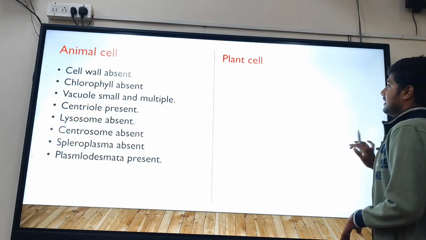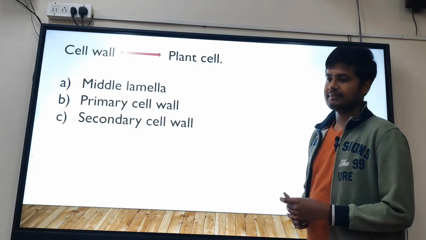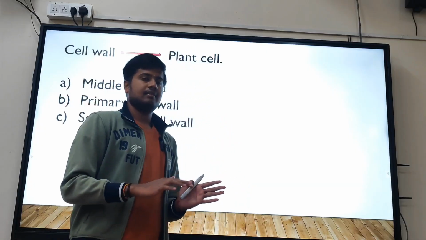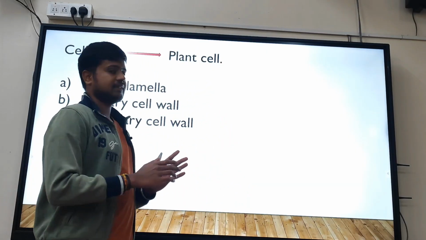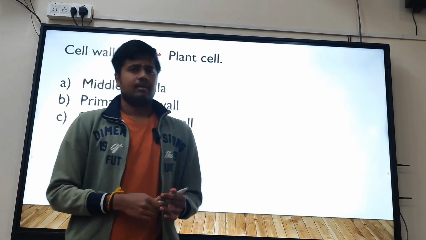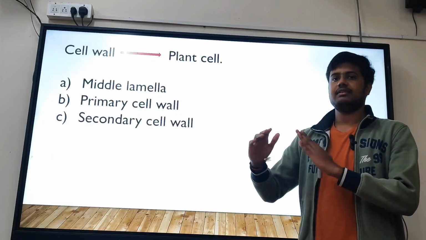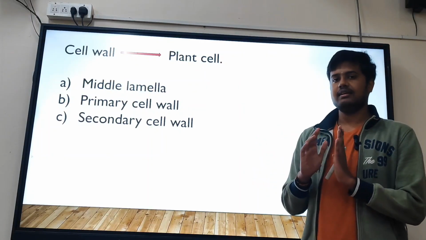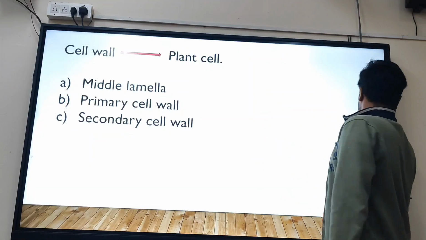Now let's move to the next part of our cell. Here we are dividing the lecture into many parts. Let's discuss the cell wall in plant cell. Generally, cell wall is the first layer of the cell. Here cell wall is present only in plant cell.